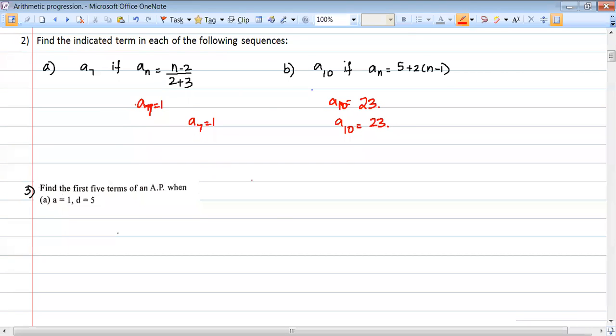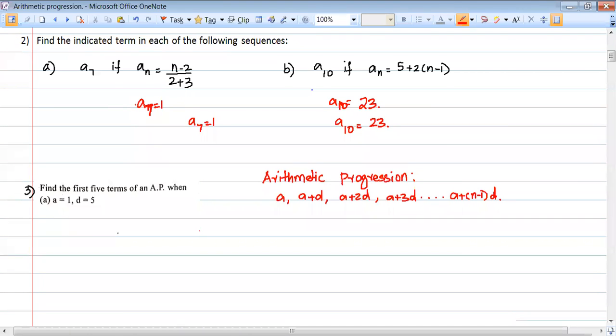Yes, AP means arithmetic progression. The arithmetic progression format is A, A plus D, A plus 2D, A plus 3D, up to A plus n minus 1 into D. Very, very simple.